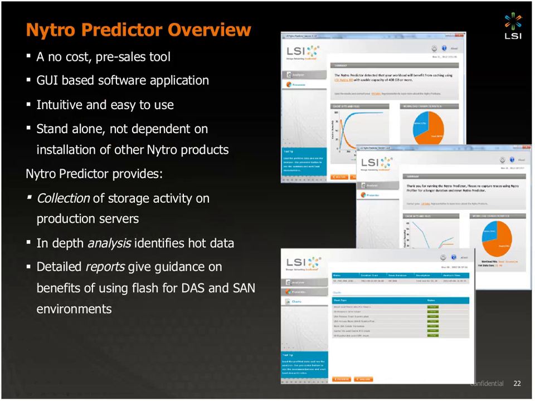So LSI came out with a product called Nitro Predictor. What this does is we can run Predictor on an existing production system, and it traces all storage I/O. We can determine by that trace how our products will benefit the user.